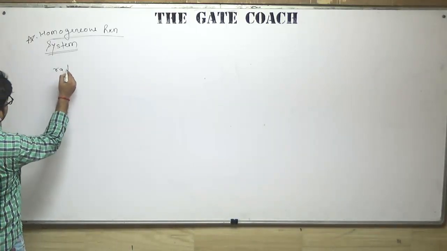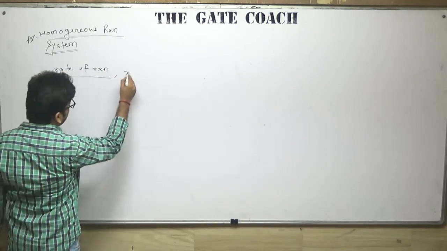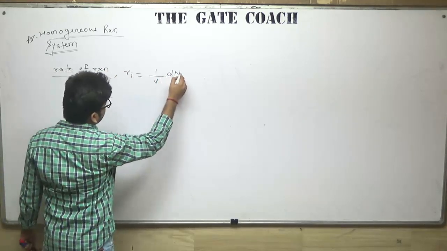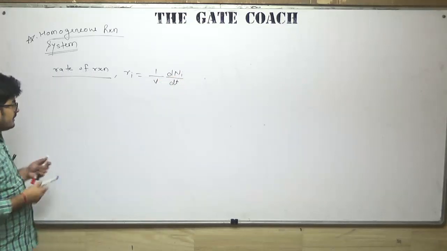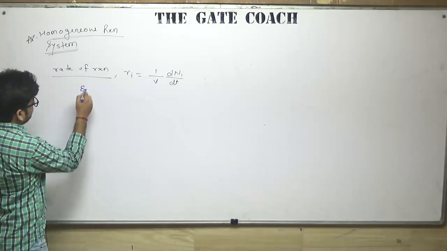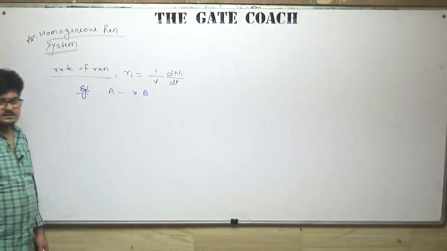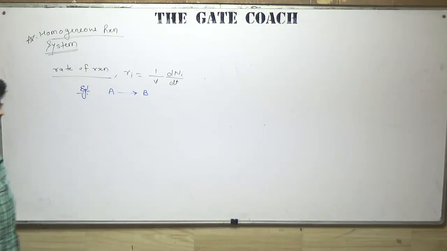So, rate of reaction for homogeneous reaction system, we know that Ri is equal to 1 over V dNi over dt. This is the rate of reaction. So, for example, suppose we have some chemical reaction, A gives B. Then how can we write the rate of reaction for these two components?